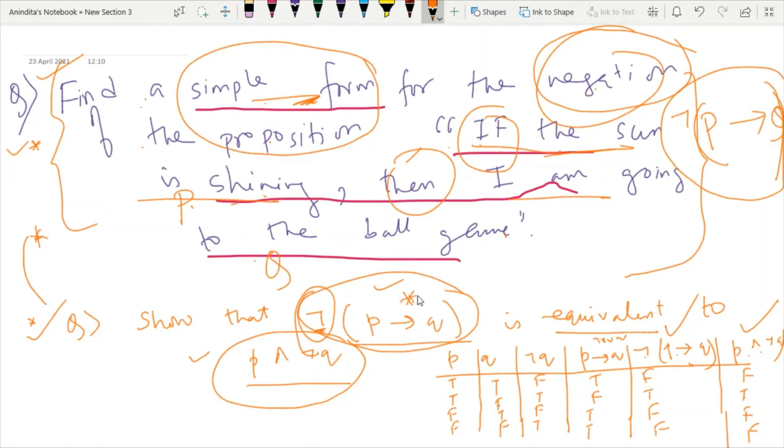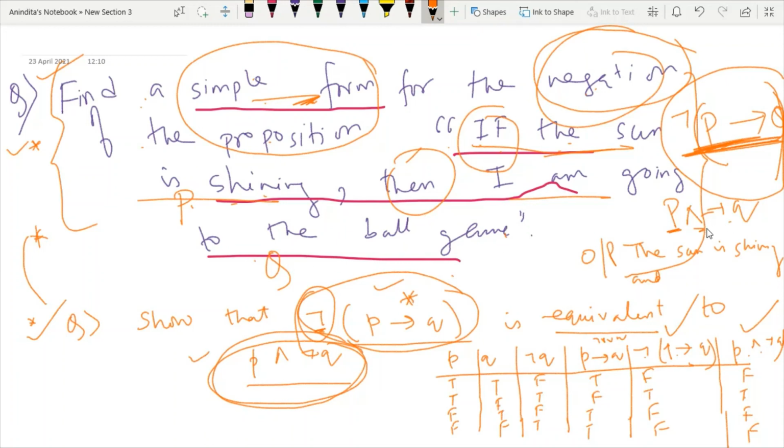The simple form of this expression, which is equivalent to this expression, is P and not Q. So basically, the output of this problem will be P. P means the sun is shining. The sun is shining. Then we have and not Q.